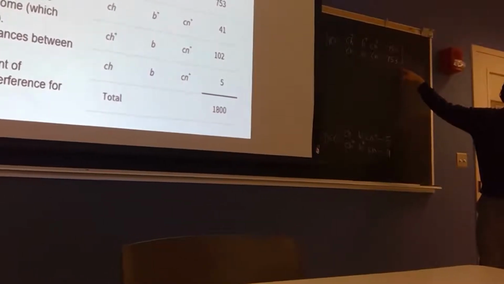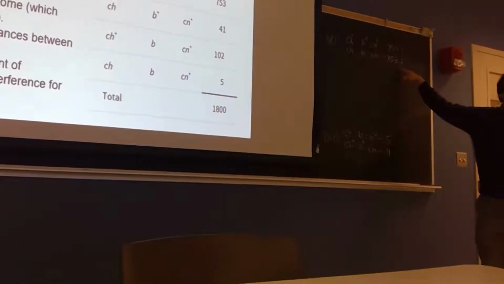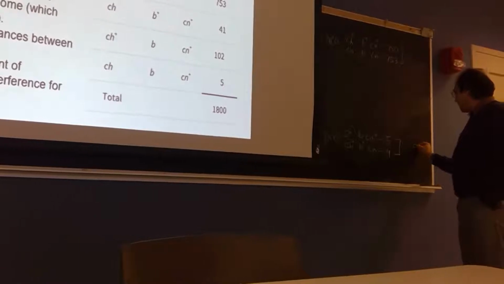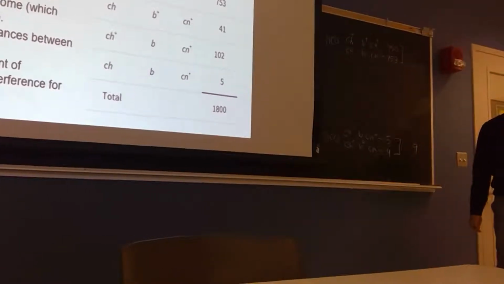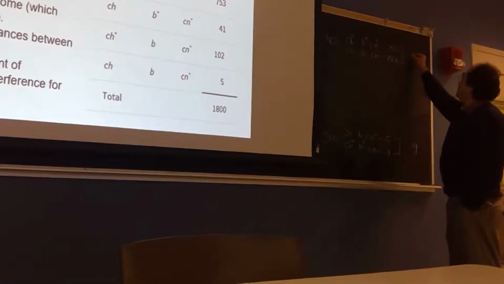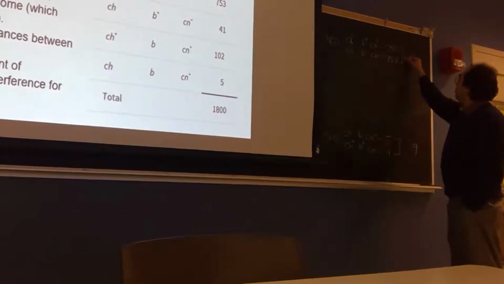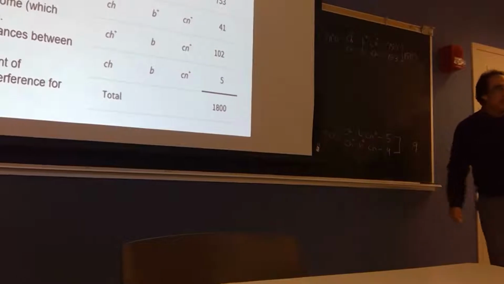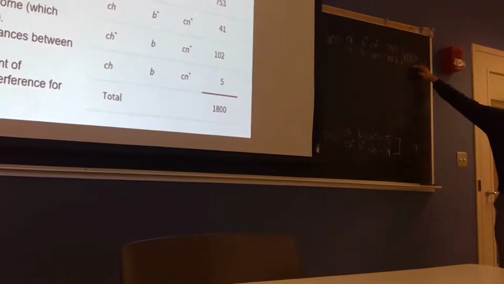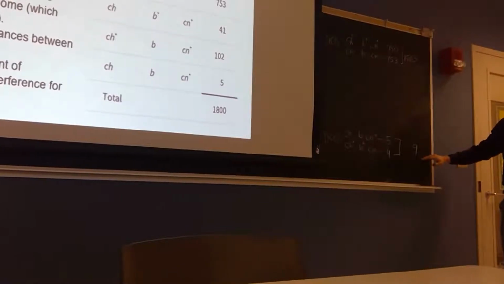Has someone calculated? This is 9. And this is 3015, I think, right? 1503. So this is our total non-crossover type. This is our total double crossover type.